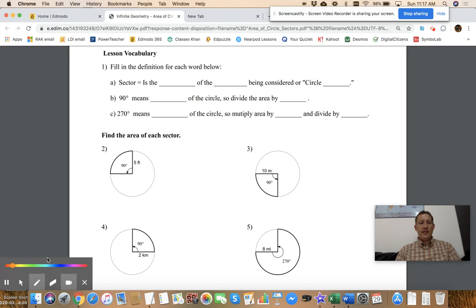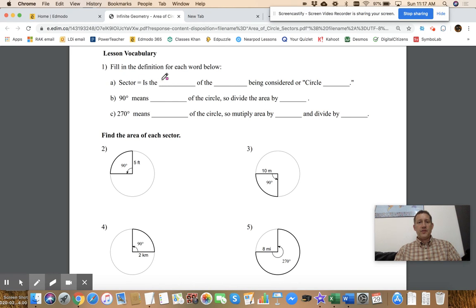So here we go. And because this is 7th grade math, this is not trigonometry or anything like that. We're only going to look at a quarter of a circle, half of a circle, or 3/4 of a circle, like this one right here.